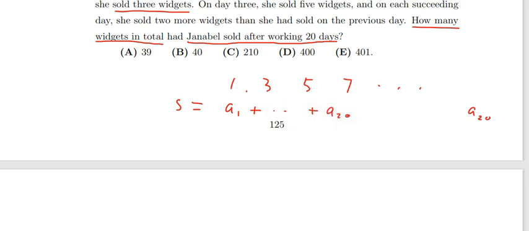Such a sum is (A1 plus A20) multiplied by 20, divided by 2, which is 10. A1 equals 1, so we just need to find A20.